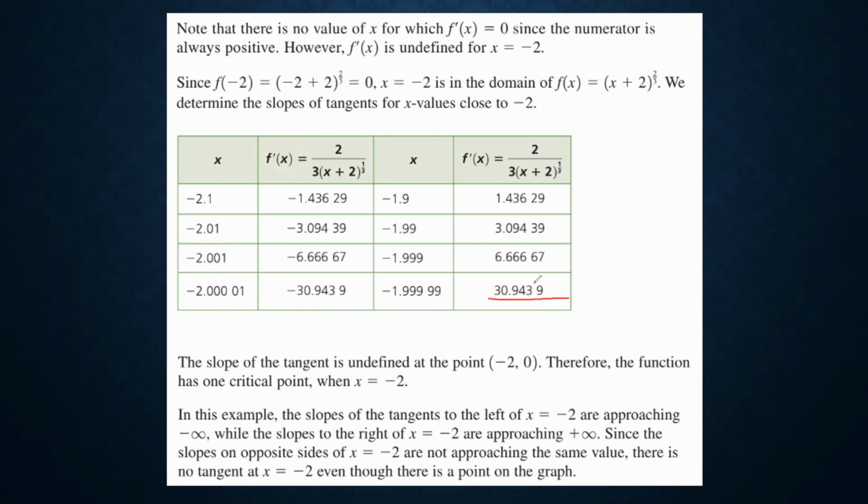And this is also the value of a slope of a tangent line, and that's the value of x. So we can see that the derivative to the left of this value is negative, and to the right, it's positive.